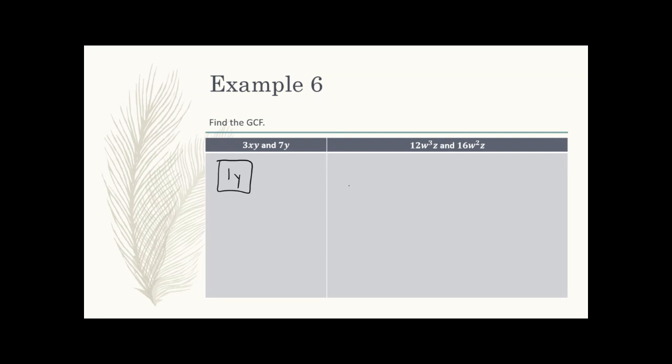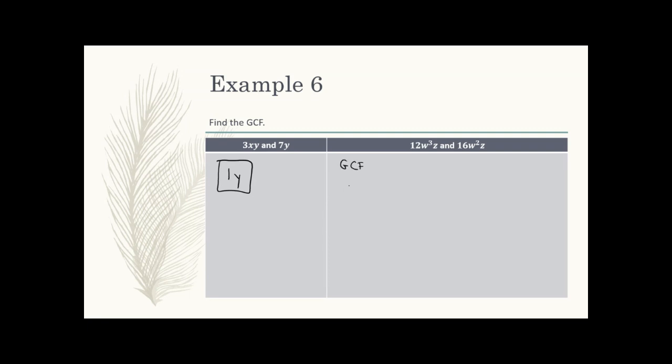Now, there's a lot more space on the second one because it's going to involve a lot more work. First, we're going to look at the numbers, 12 and 16. These are small enough numbers that you can usually figure out in your head the biggest number that divides into 12 and 16.